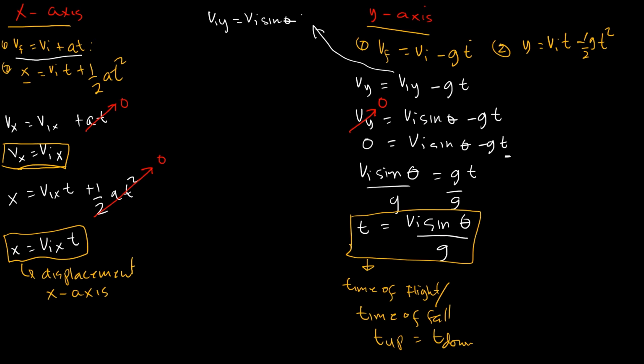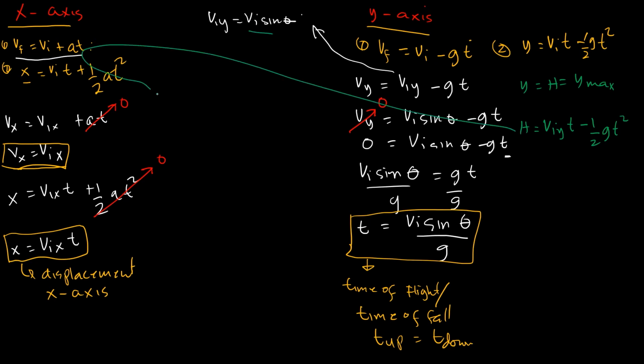Now let's try to use this equation again. So y here is equal to h, or just equal to y max. So h is equal to v sub iy times t minus 1/2 g times t squared. Now remember that v sub iy is equal to this one, so let's bring it here.